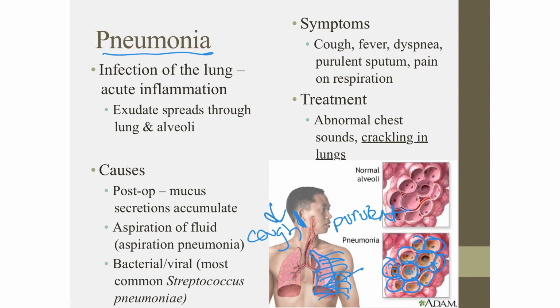And in pneumonia, there are lots of different types. There's postoperative pneumonia, when mucus and different secretions accumulate in the lungs. There's aspiration pneumonia, which is caused by aspiration of fluid or foreign bodies.